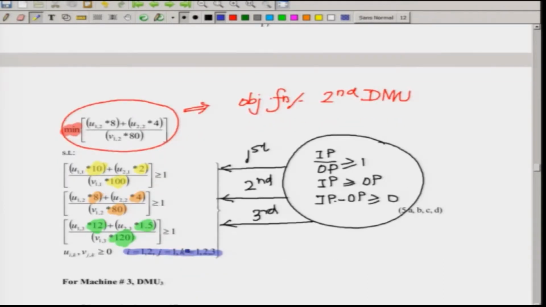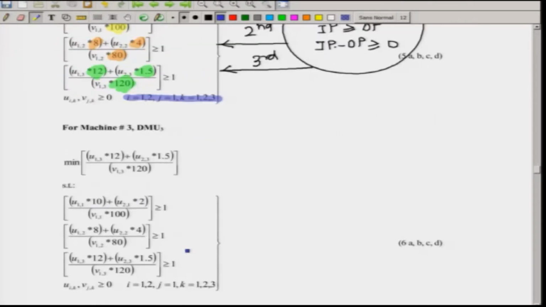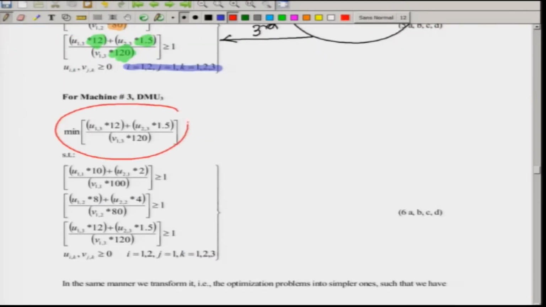Now, let us go to the third DMU formulation. So, this is the objective function for the third DMU, and again this red color highlights the fact that it is a minimization problem.